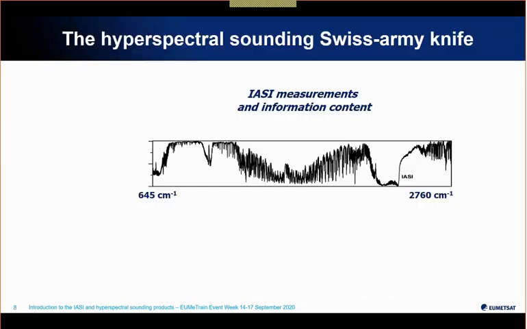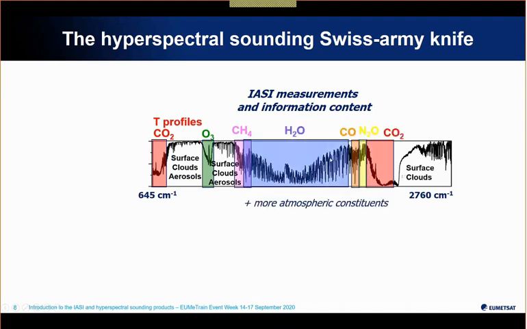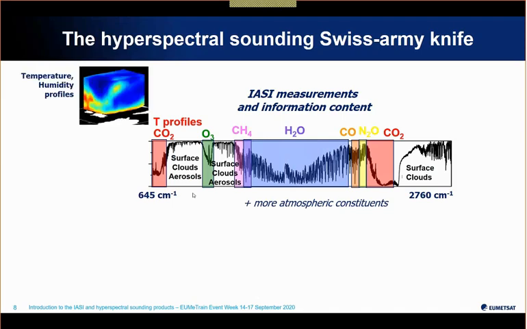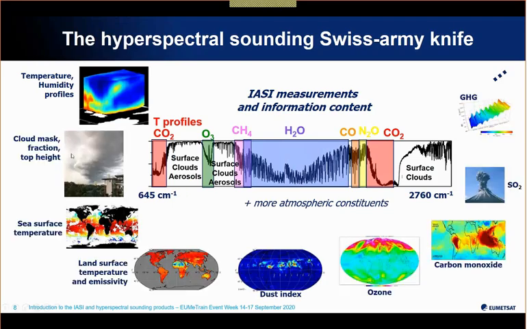Okay, so what IASI is measuring is actually a spectrum, and that is an example of one. In that spectrum, there is a number of different information from different molecules, but also surface, cloud, and aerosol properties. And the work we are doing with my team is to retrieve this geophysical information out of the spectra, in particular the temperature and humidity profiles, but many others which are recorded here.